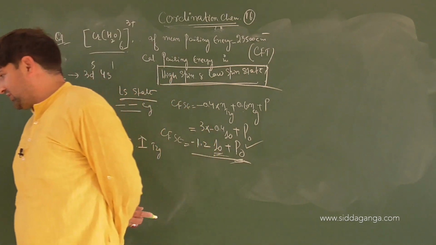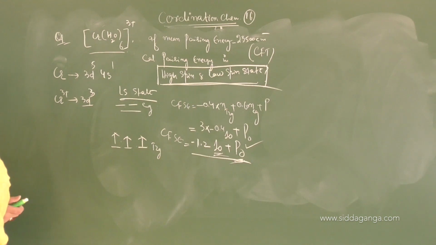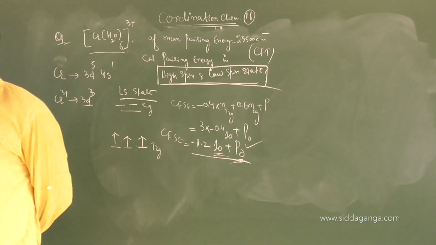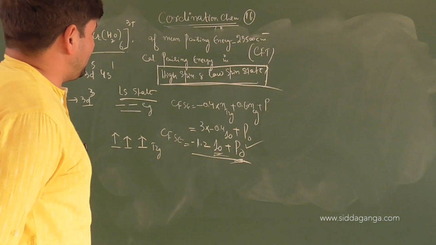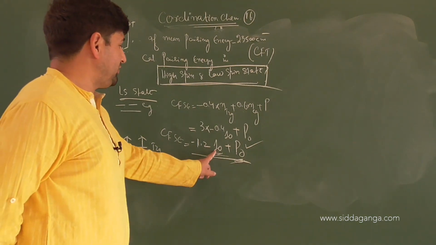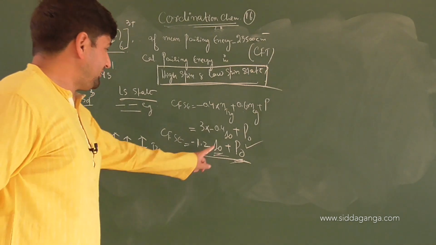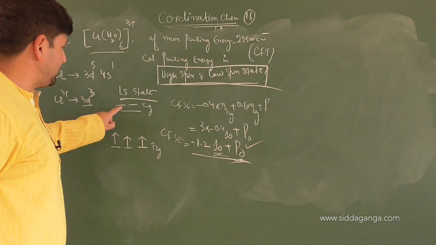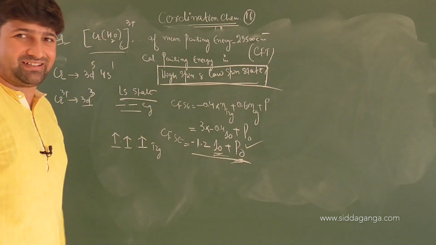Write down the next question, children. Did you follow it or not? So what will be the mean pairing energies? So when the delta 0 value is given to you, crystal field splitting energy, given or not. In the present case, what will be crystal field splitting? It doesn't matter what will be crystal field splitting, all right?